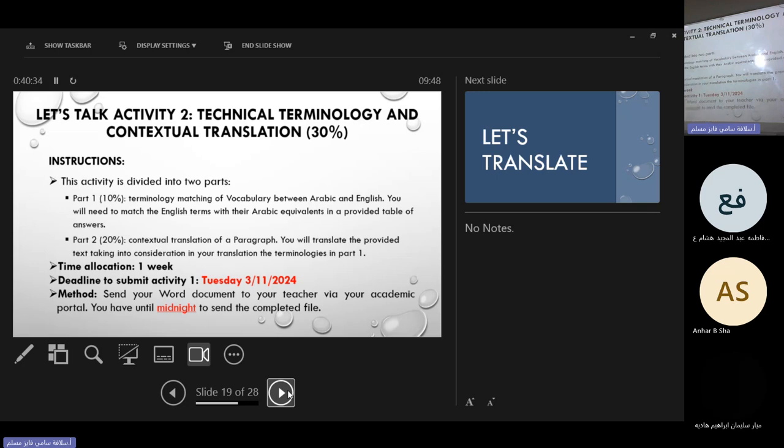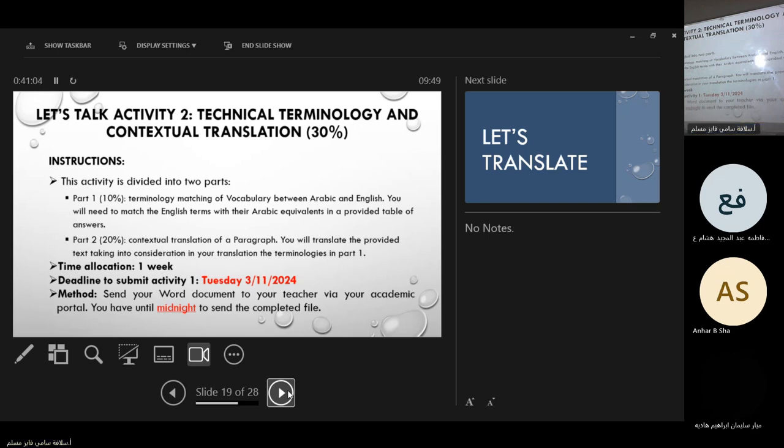And then when you match these terminologies, you will use them in your translation of the text that holds the same terminology. So you will be given in part 2 a text that has the English terminology, and when you translate them, you use their Arabic equivalent already given to you. And you translate the whole text.